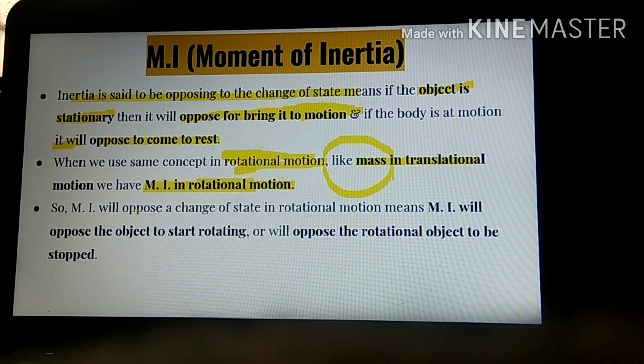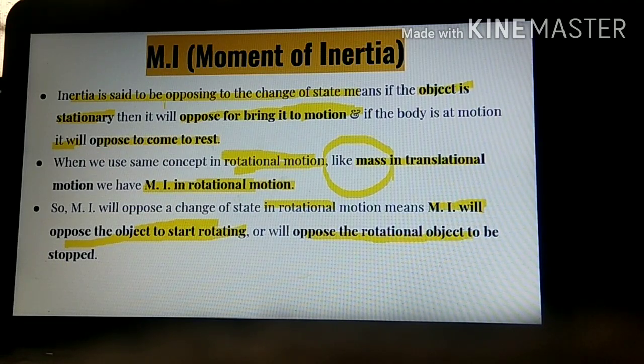So moment of inertia will oppose the change of state in case of rotational motion. Moment of inertia will oppose the object starting to rotate, and it will also oppose the rotating body being stopped.